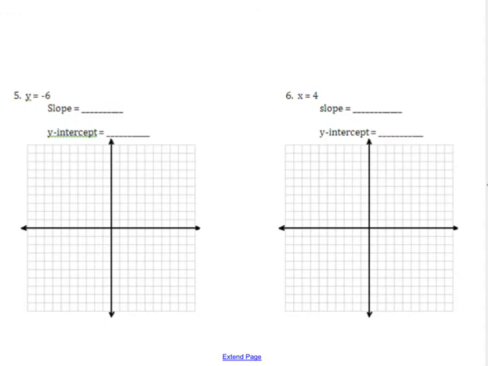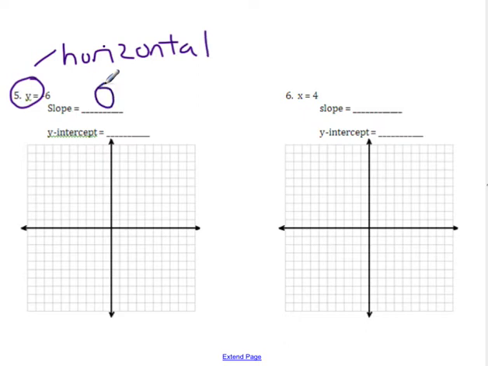So for number 5, y is equal to -6. So again, if it's y is equal to, that's going to tell me that this is a horizontal line. Whenever it's y is equal to, it's a horizontal line. And that means that the slope is 0. Okay, then the y-intercept, remember, when you have y equals, the y-intercept is always whatever the line is at, which is -6.